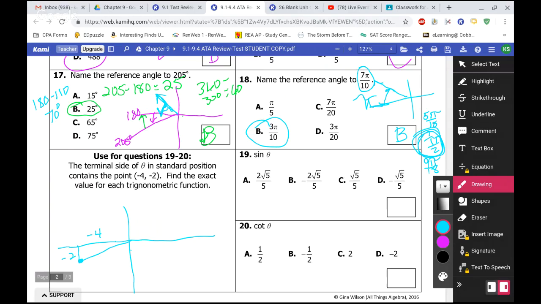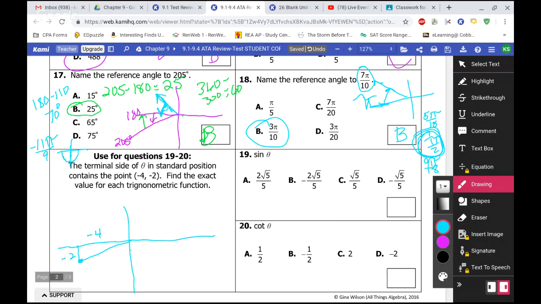Or like the next one, negative 11 pi over 9. And it's asking me for a coterminal, which I could figure out, but then it's a reference angle. But it's negative, a negative 11 pi over 9. That just means that I'm going to go this direction.